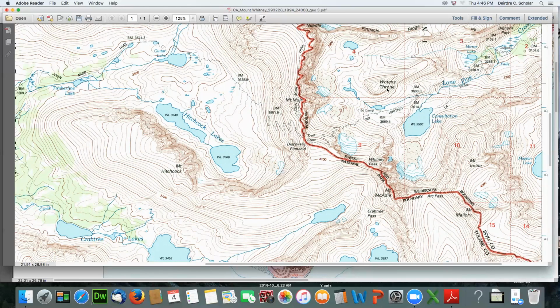This would have 3,800 meters. And then we have to count by 20s. So 3,820, 3,840, 3,860, and 3,880. So the top of Wotan's Throne is 3,880 meters. The water level at Consultation Lake is 3,560 meters.